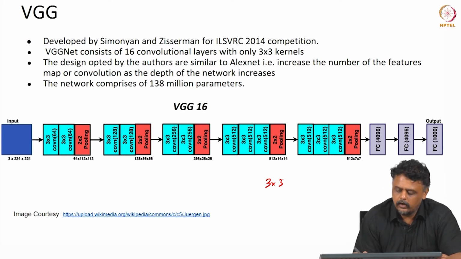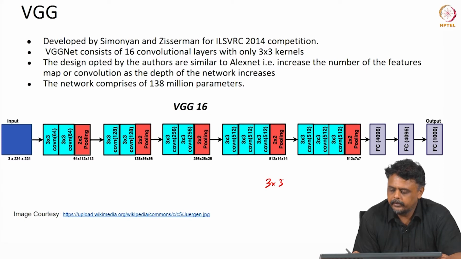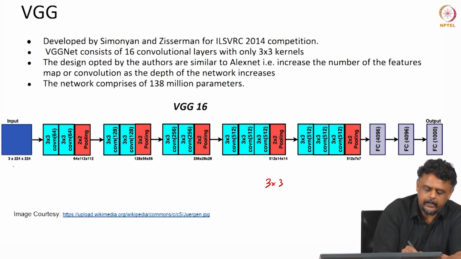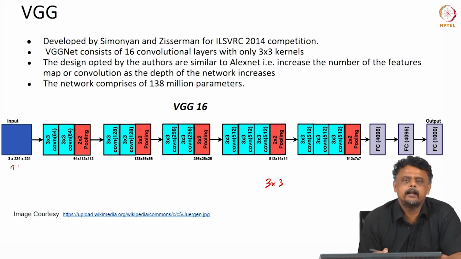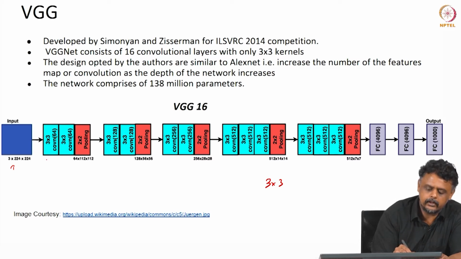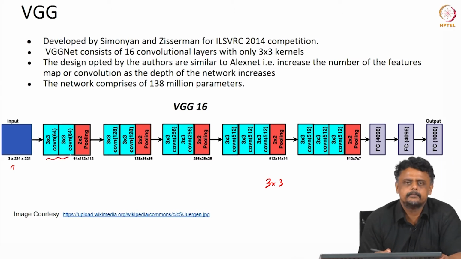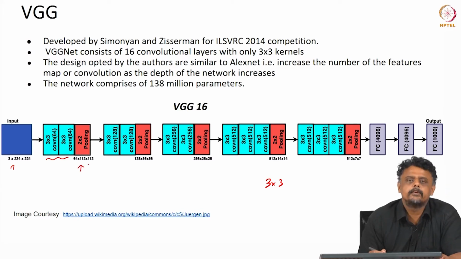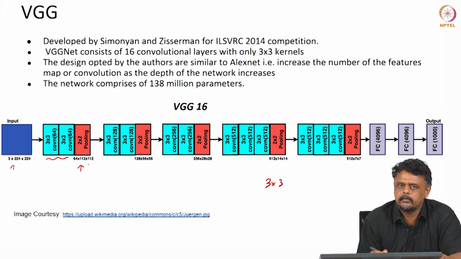Once again we will walk through the network briefly and then see what advantages this network gives. The input is again a 3 channel RGB image of size 224 cross 224. The first layer has 2 3 cross 3 convolutions in succession followed by a max pooling layer, which reduces the size of the feature maps to 112 cross 112.